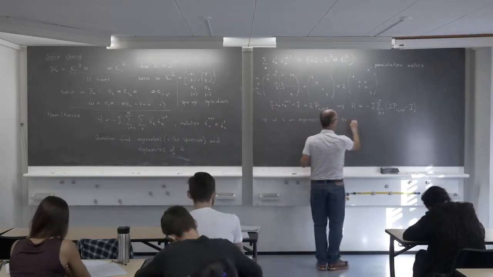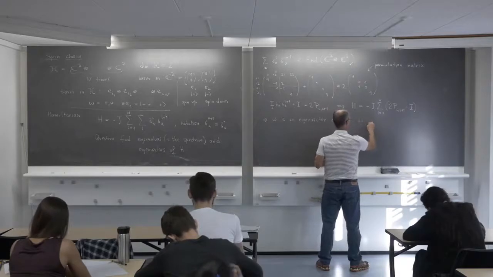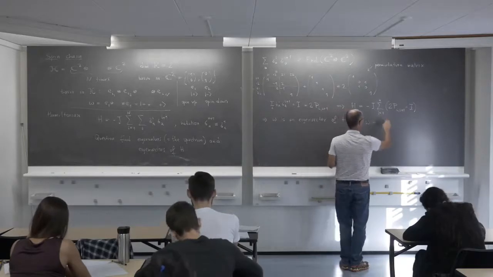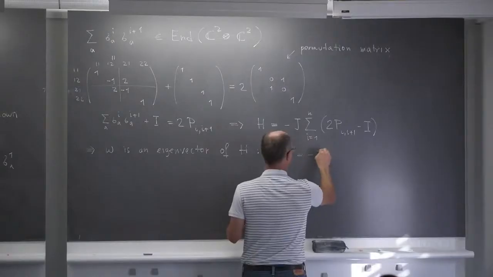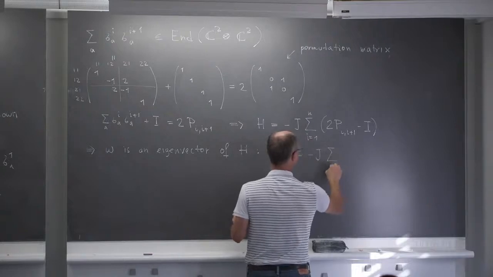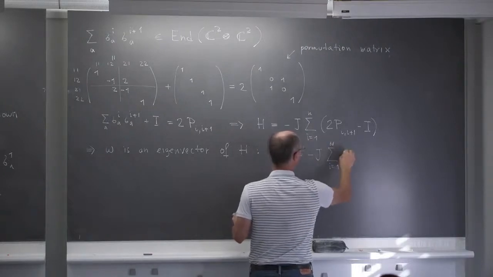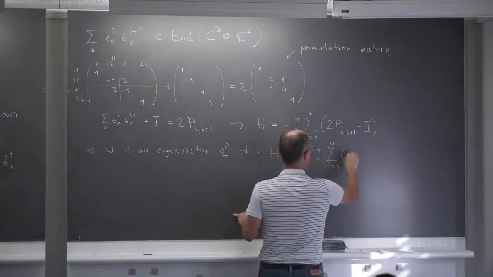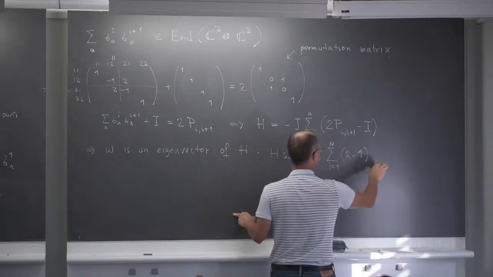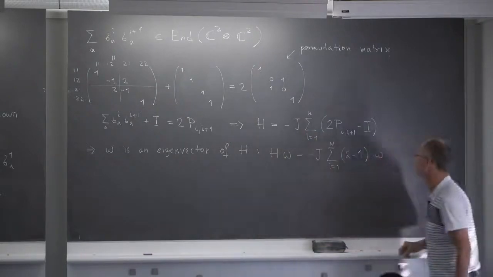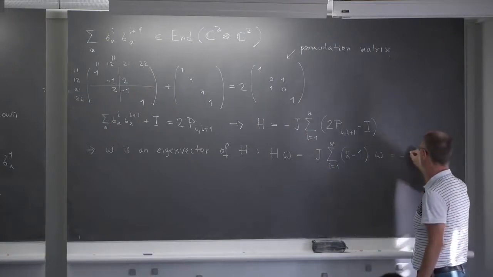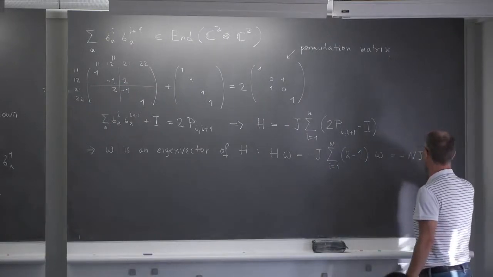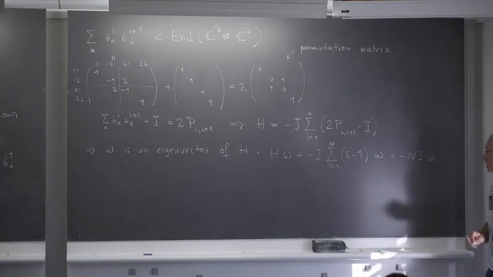So H acting on omega is equal to minus J, sum from 1 to n, but here we have simply 2 minus 1 times omega. And this is equal to minus nJ times omega.